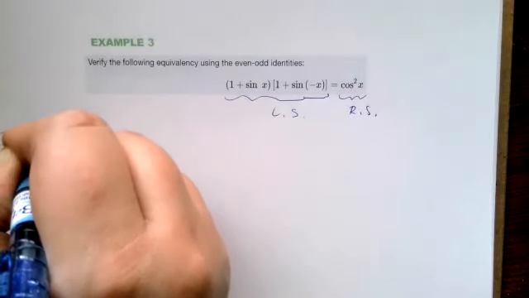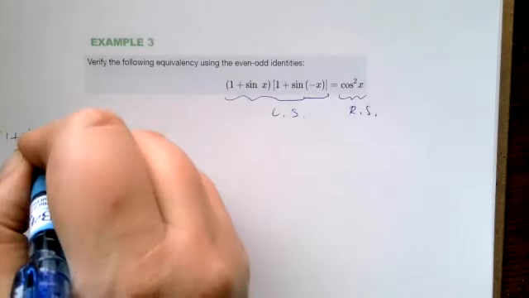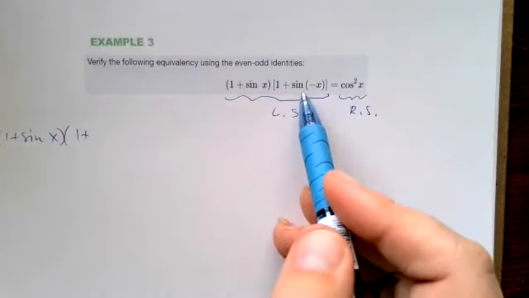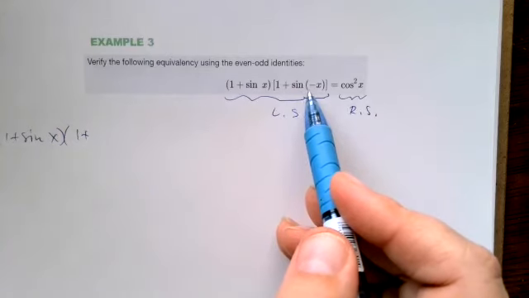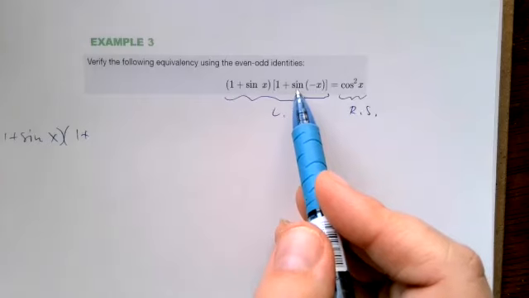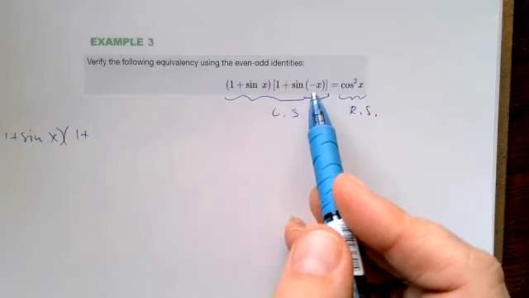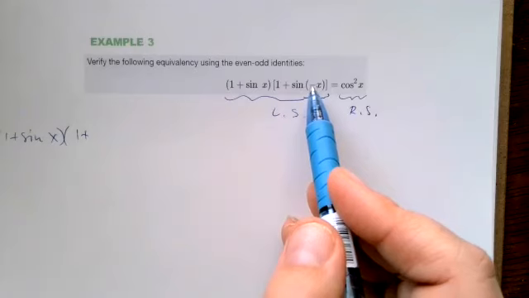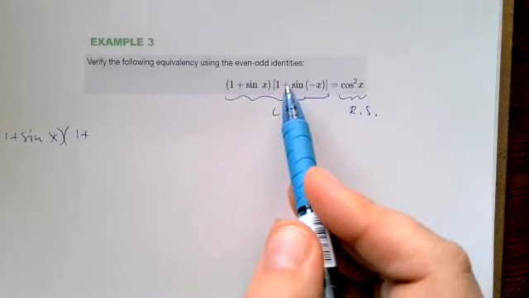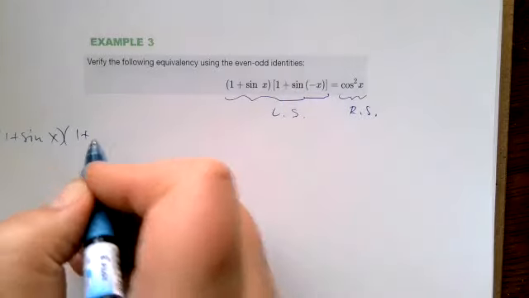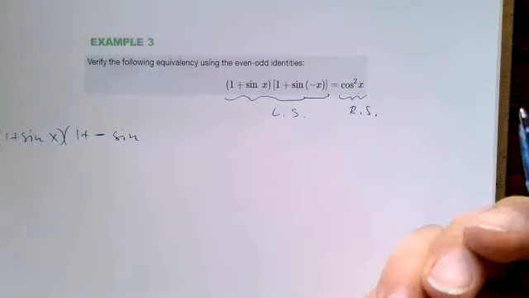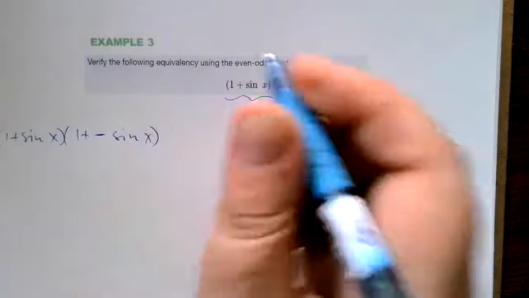It's 1 plus sine x times 1 plus, and I'm going to actually right away use the odd function identity. So I know since we have a negative inside, that negative travels to the outside. So instead of the plus, I'm going to have minus sine x.